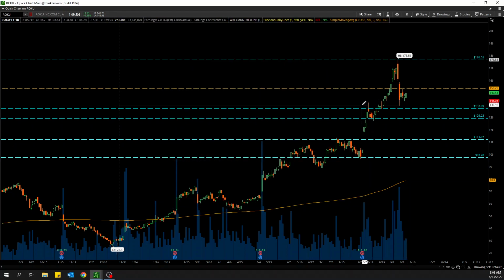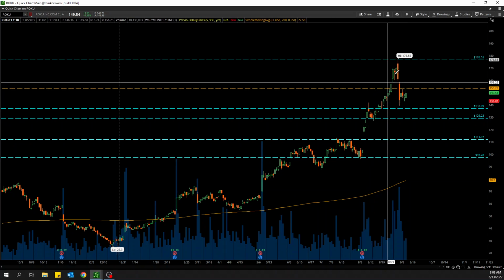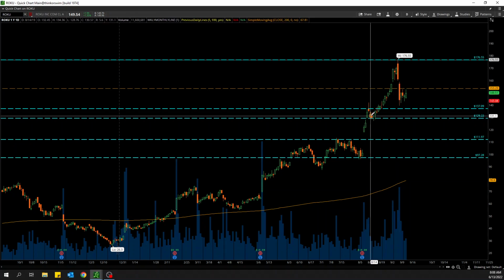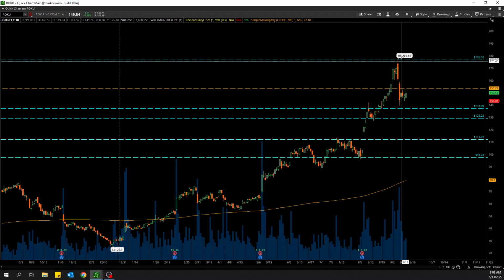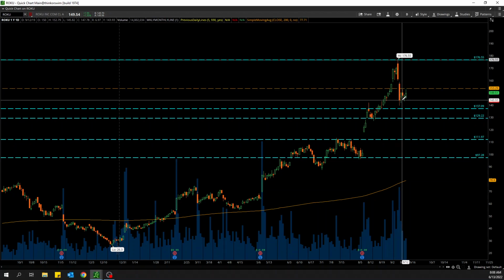Right here, you had some news come out, and then you had a nice big rally, and then the information came out that they didn't get the beat here, and that's what made the drop off.